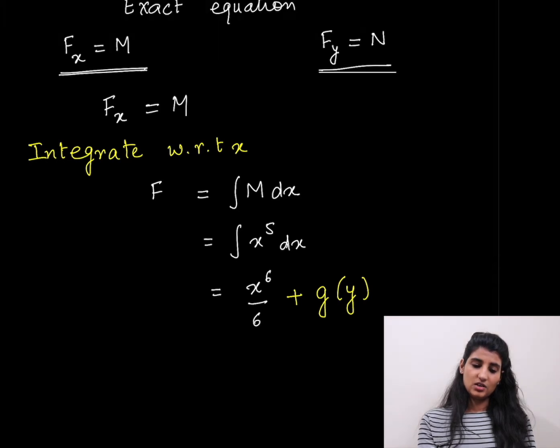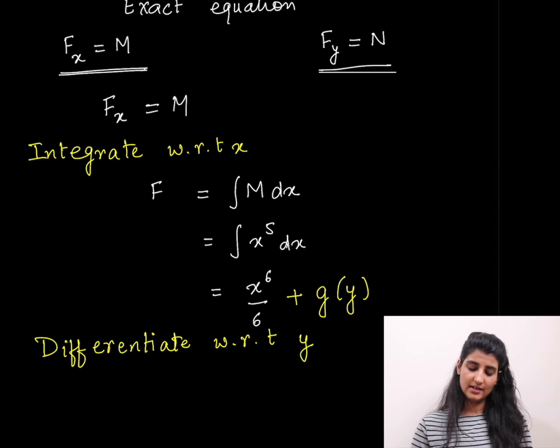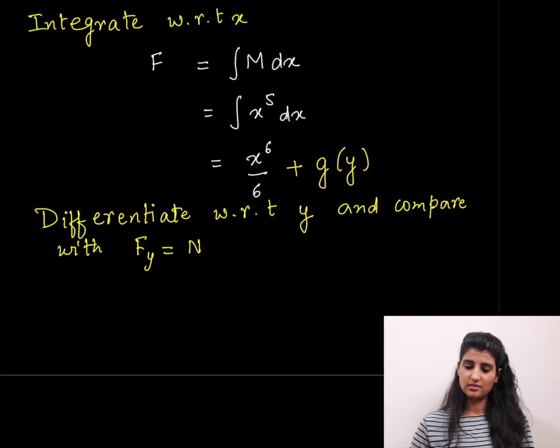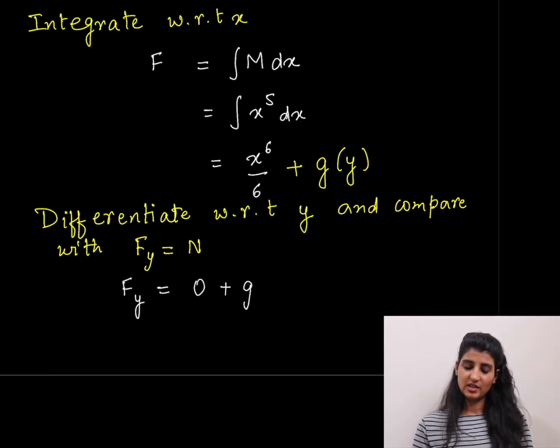Now we differentiate with respect to y. The equation we get, we differentiate it with respect to y and we compare with fy equal to N. So if we differentiate the above equation with respect to y, we will get the derivative of x power 6 divided by 6, which is 0, plus the derivative of g(y).